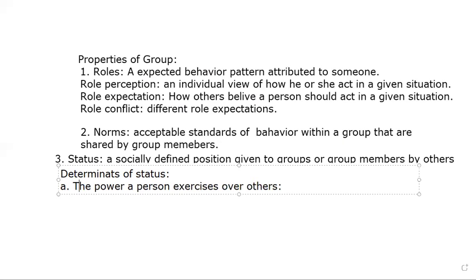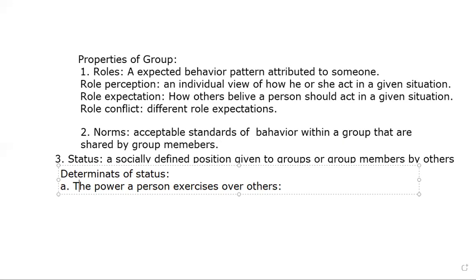For example, the university authority has power to take decisions about opening or closure of the university. The department chairman has power to decide when examinations will happen. The class teacher also has power, deciding whether he will take your class test or not. These are all also power. You also have some power when you are in a group, whether you want to participate in a class or not. These are the determinants of status.